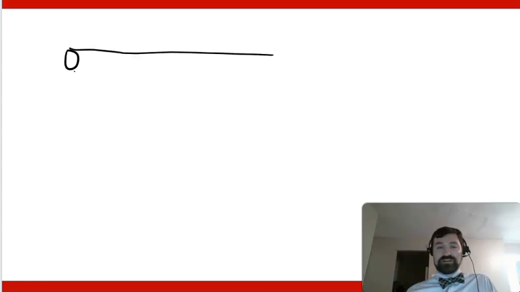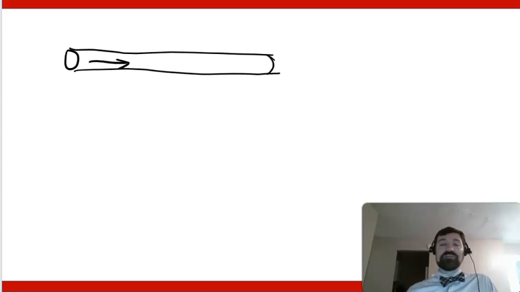So sound waves can be one-dimensional. For example, you can have a material that is essentially like a rigid rod like this, and you can have a wave propagating along it, a sound wave. So let's call this a rigid rod. The density of the rod is given by rho.